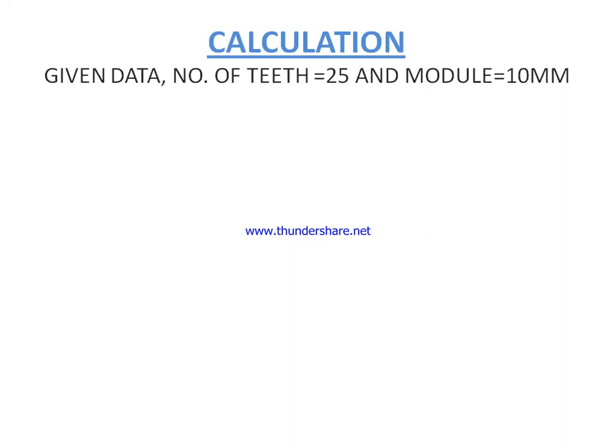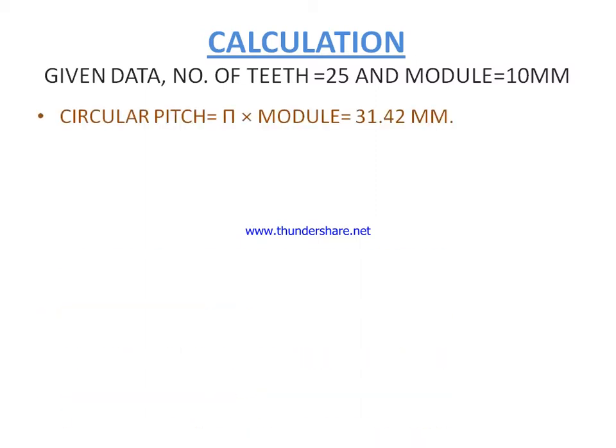In calculation, the given data of this problem: number of teeth 25 and module 10 mm. So as per equation, circular pitch is pi into module, or pi into PCD by number of teeth; PCD by number of teeth is module. So pi into module is circular pitch, 31.42 mm.